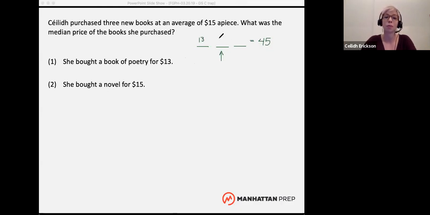The one that probably comes to mind most easily is 13, 15, 18, equally spaced with 15 in the middle, in which case 15 would be our median. But would it be possible for 13 itself to be the median?